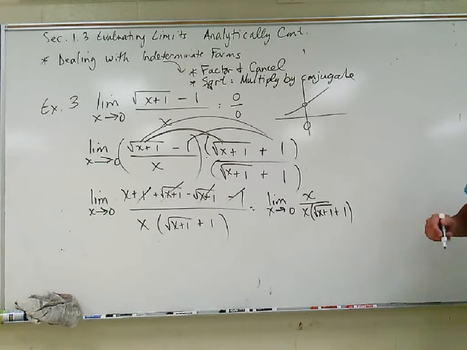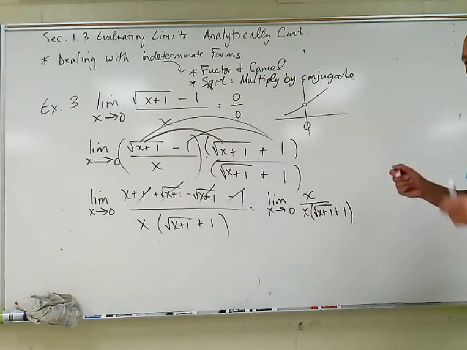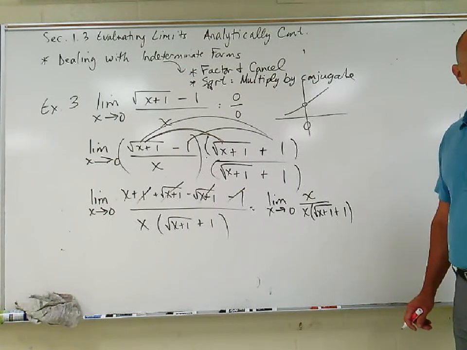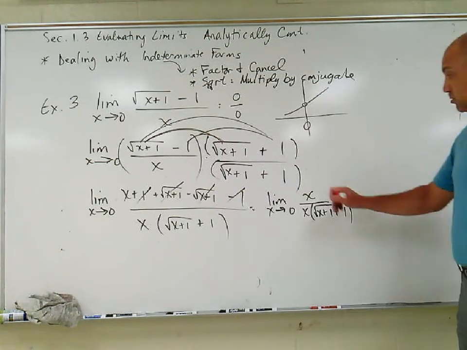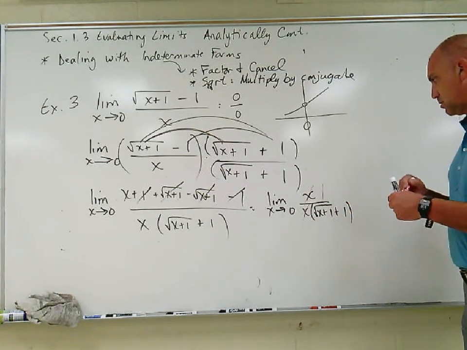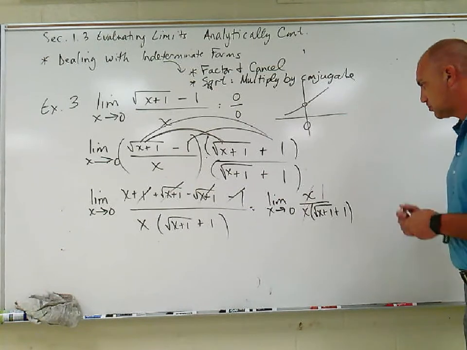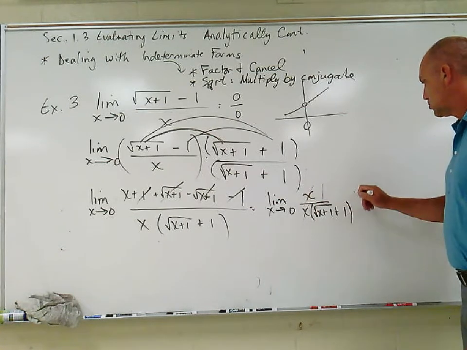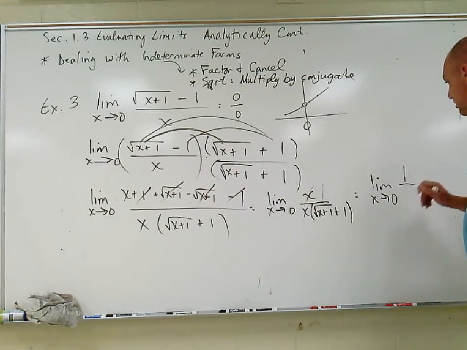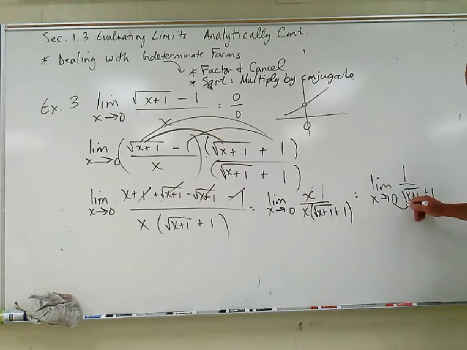What can I get rid of? What do I have to cancel? X over x. Yeah, x over x cancels, leaves you a 1 on top. And now you can do your direct substitution. So now when you do direct substitution, it's into this. And you get 1/2 as the answer.